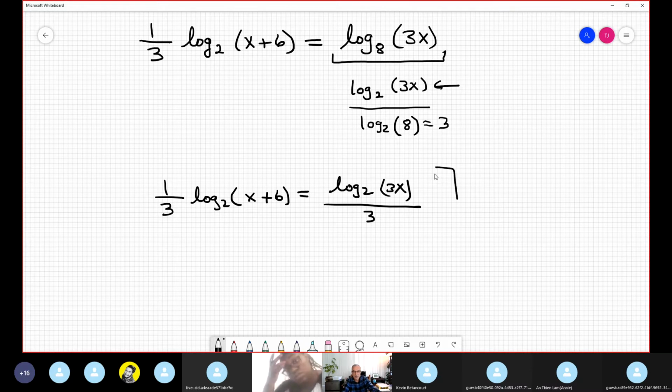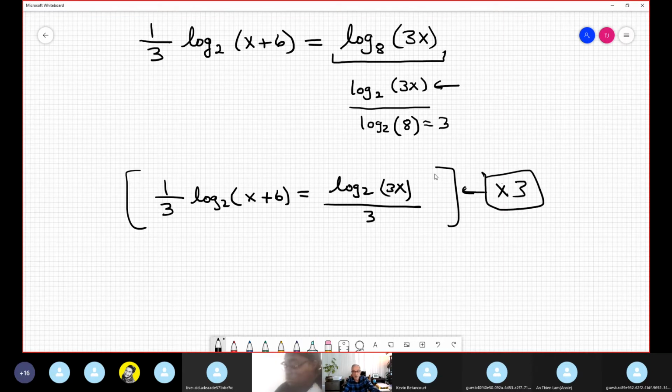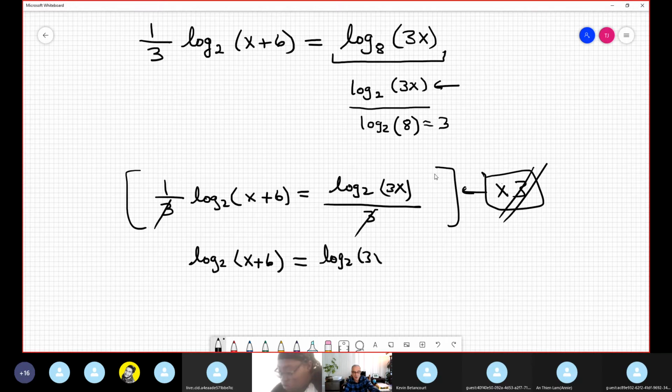If you multiply the entire equation by 3, one by one it's obvious that this 3 and this 3 cancel, and this 3 and this 3 cancel. And we have logarithm base 2 of x plus 6 is equal to logarithm base 2 of 3x. Fantastic, because we almost finish.